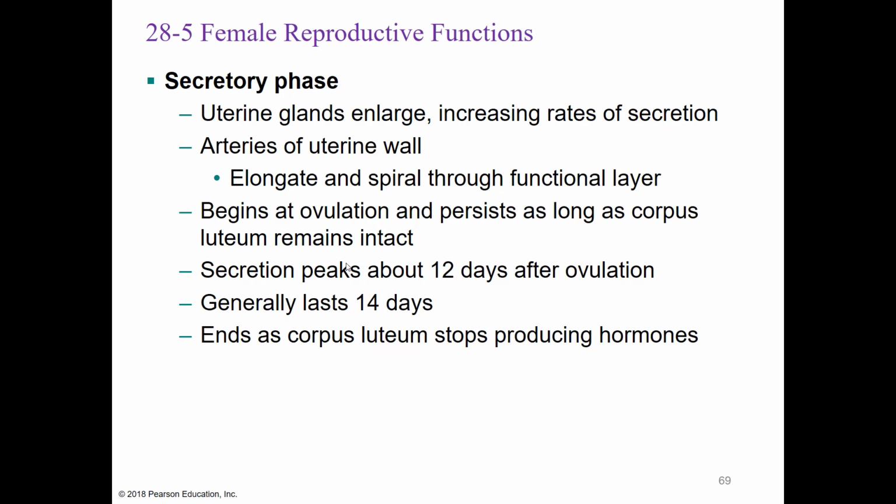Secretion will peak at about 12 days after ovulation and generally will last about 14 days, ending as the corpus luteum stops producing hormones. So once it is determined that there is no pregnancy and the corpus luteum disintegrates and there is no more progesterone, then we begin menses again.